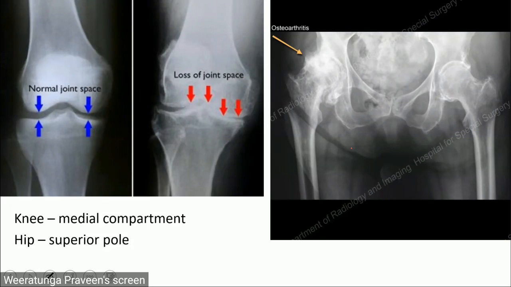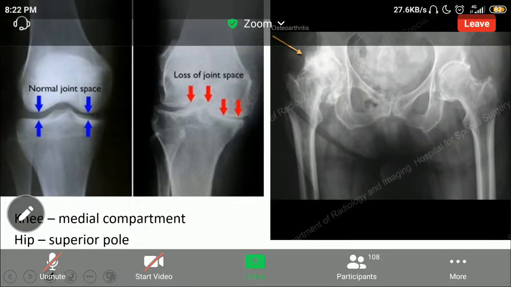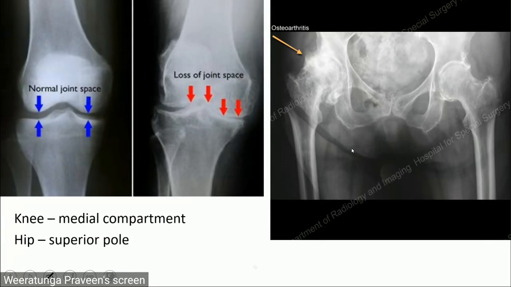The joint space loss causes the ends of the bones to rub against each other, causing periarticular osteosclerosis, so it's osteosclerosis around the edges of the bones. In addition to this, you get osteophytes, these bony prominences that you see. And also you see subchondral cyst formation as well.